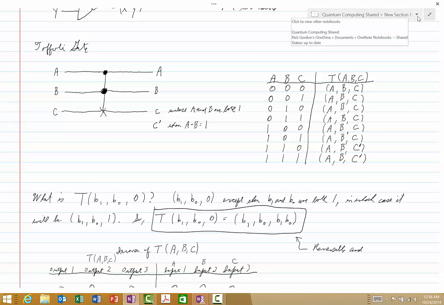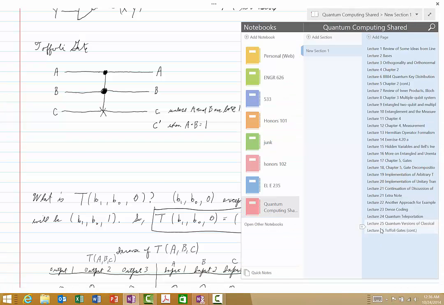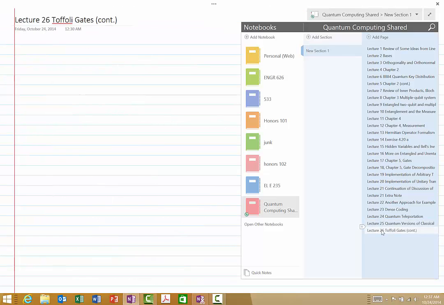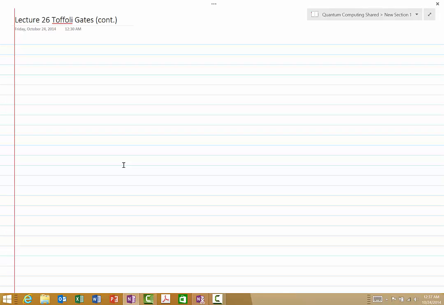So now we return to Lecture 26, and we have a very simple goal in this lecture, and that is to answer the question: how could we implement X ORed with Y using Toffoli Gates?